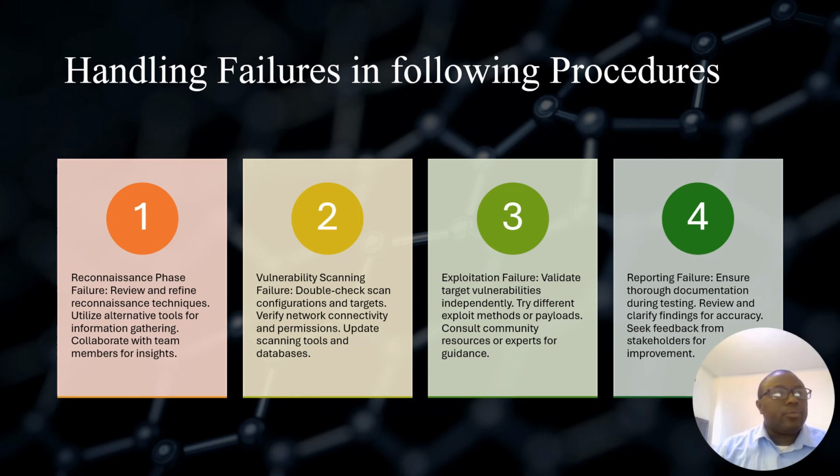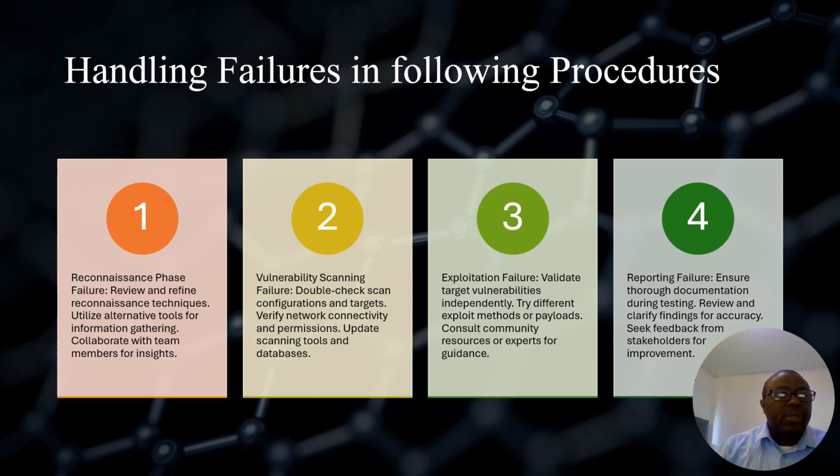Handling failures and following procedures. The first one is recognizing the phase of failure. Second one will be vulnerability scanning failure. The third will be exploiting failure, and the fourth will be report failure: ensure thorough documentation during testing, review and clarify findings for accuracy, seek feedback from stakeholders for improvement.